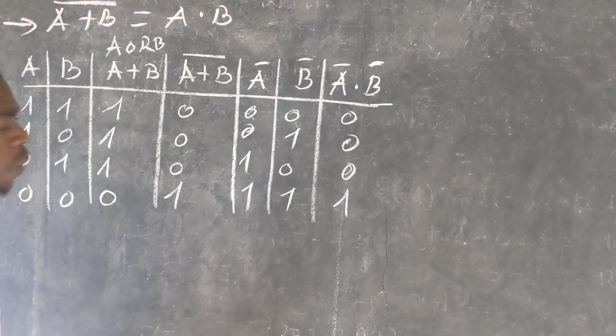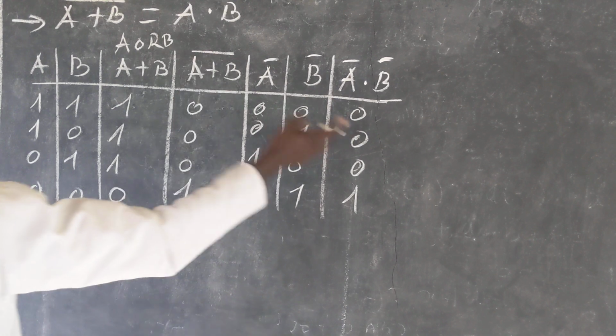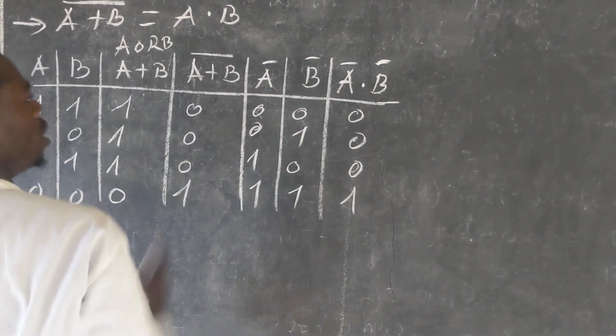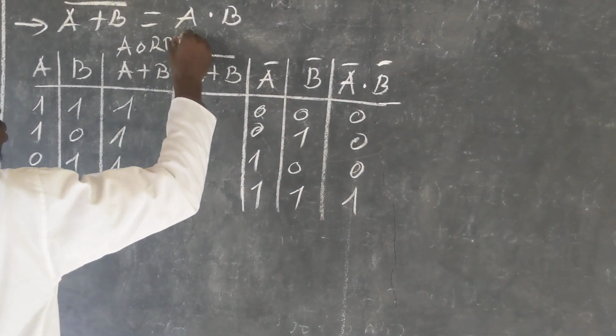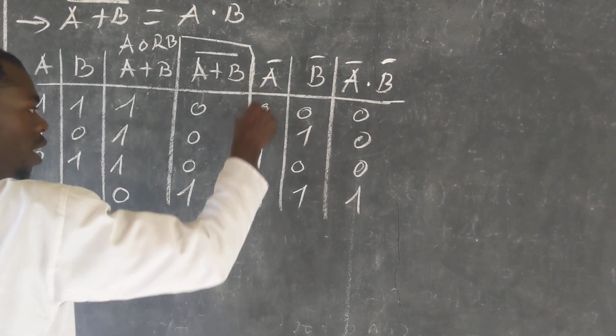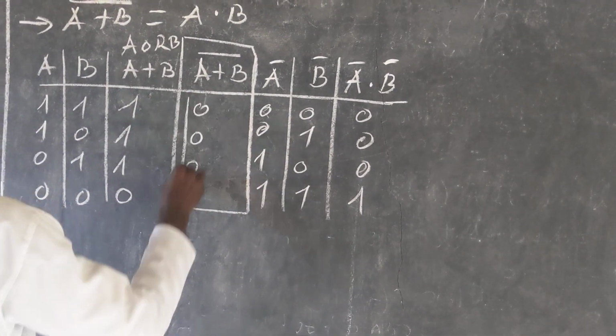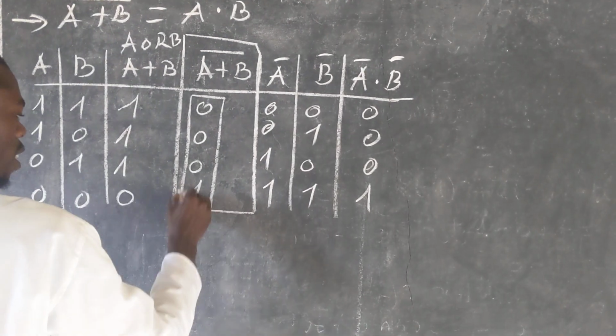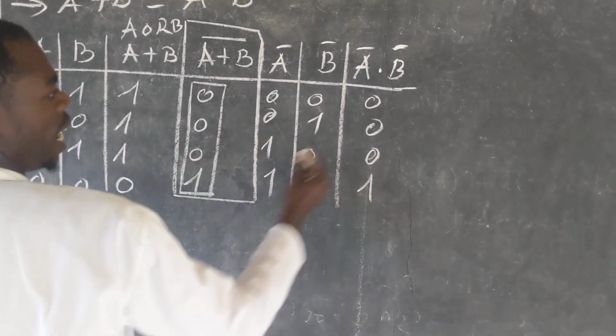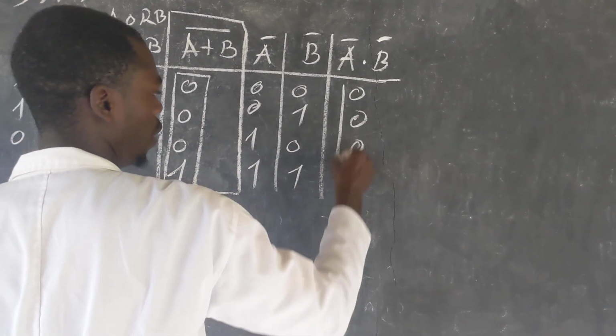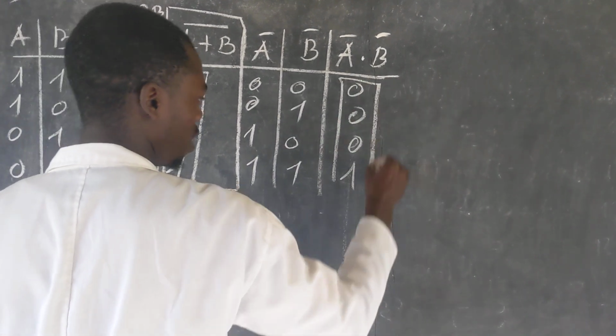So now let us verify whether the negation of A or B is equivalent to A not cross B not. If we check it clearly, we can see that the values we have here are similar to the values we have here.